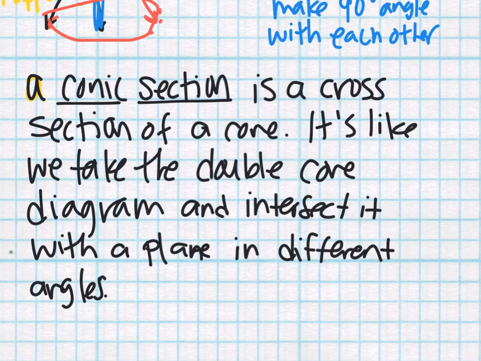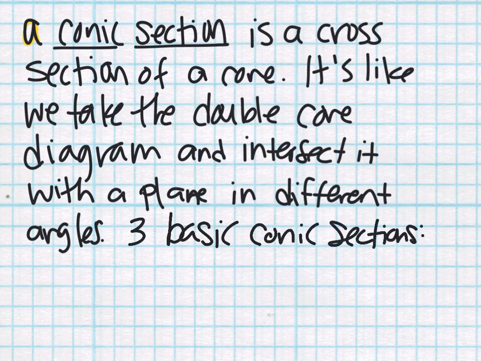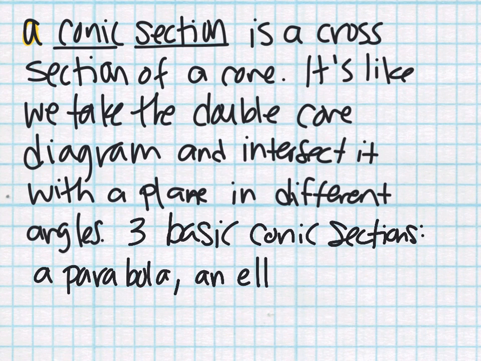So there are three basic conic sections. A parabola, an ellipse, and a hyperbola.